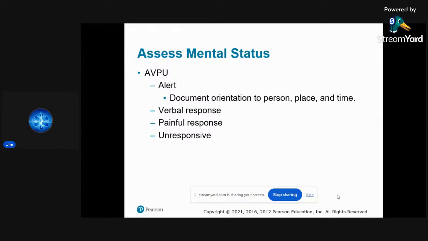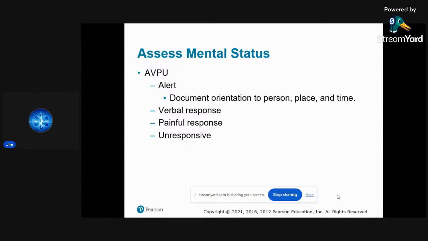So we're going to ask them a few questions like, what's your name? What's today's date? Where are you at right now? We go the extra step into a fourth, and it used to be who's the president, but I don't ask that anymore. I ask how many quarters in a dollar, right? If they can answer all these questions, then we document that they're oriented times 4.